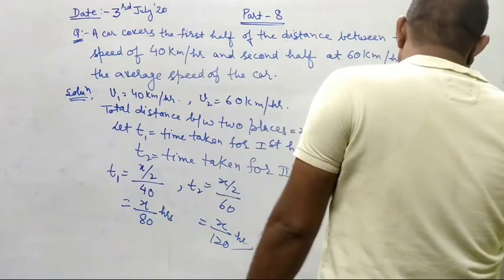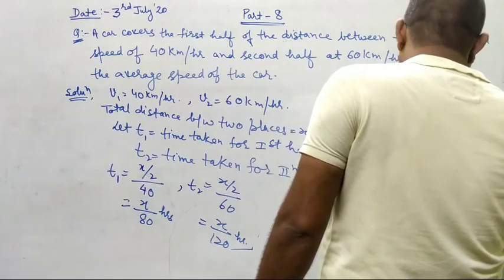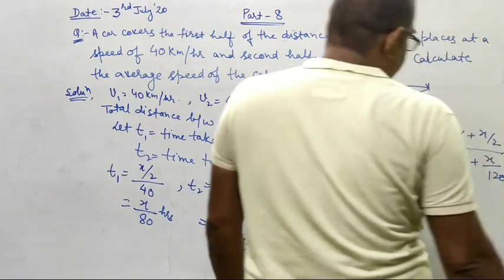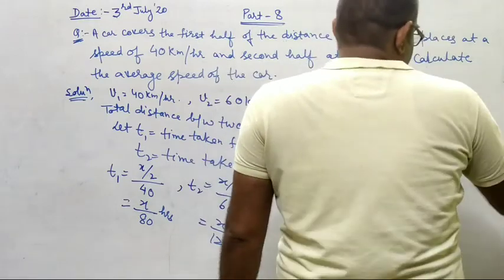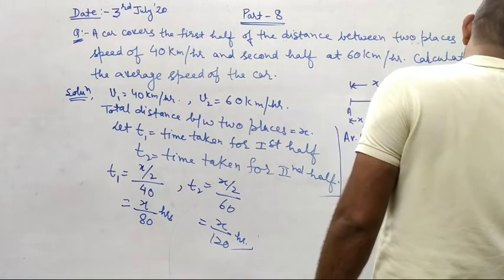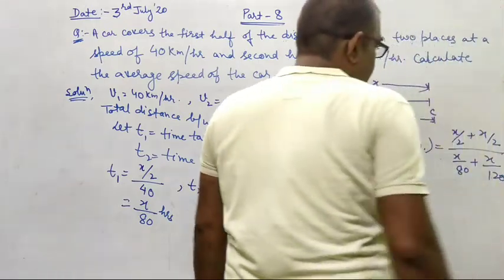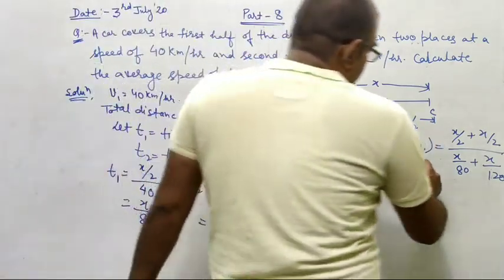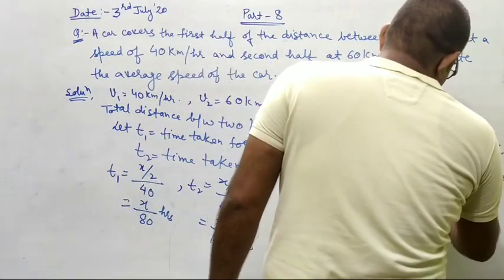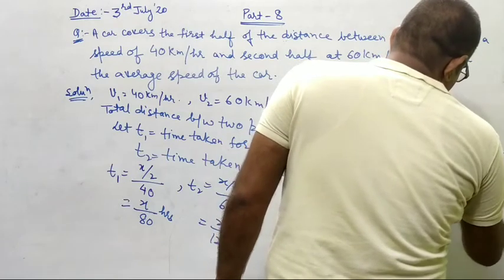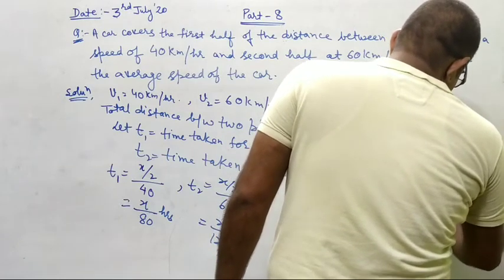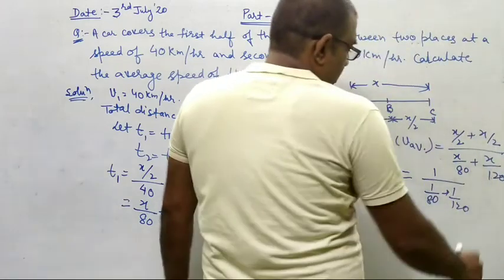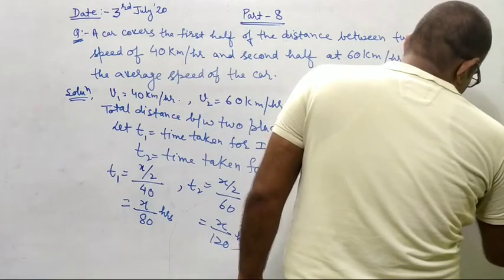The total time taken is t1 equal to x upon 80 plus x upon 120. This is in hour and this is in kilometer, so the speed is in kilometer per hour. Taking x common, x to x cancel out, so it becomes 1 upon 1 upon 80 plus 1 upon 120, kilometer per hour.